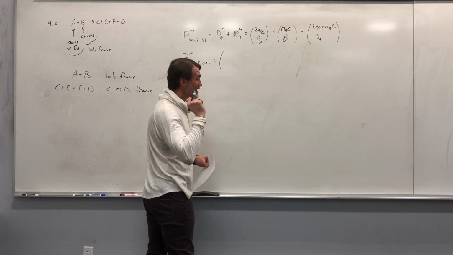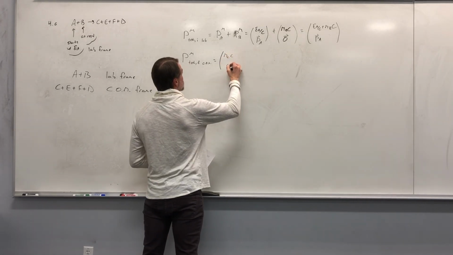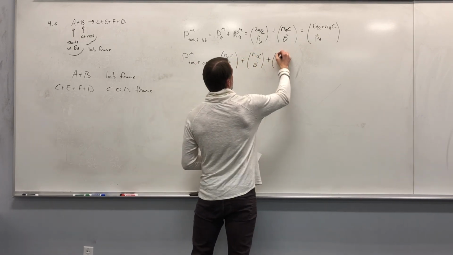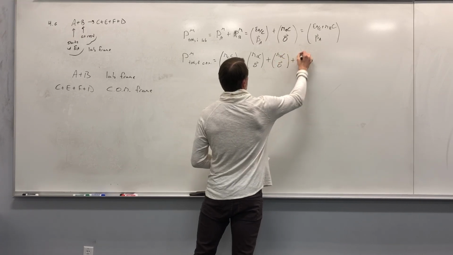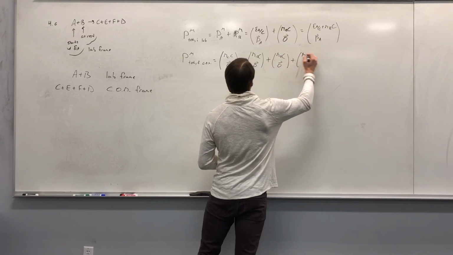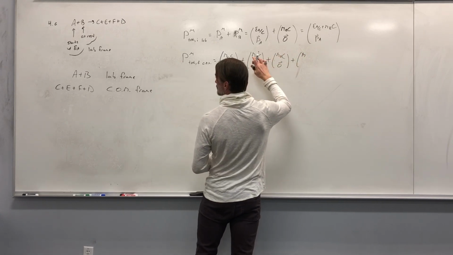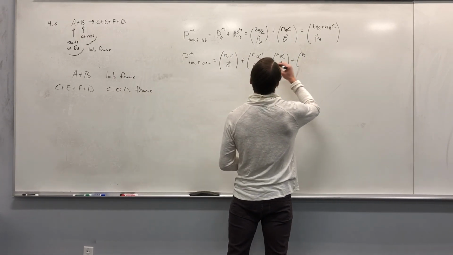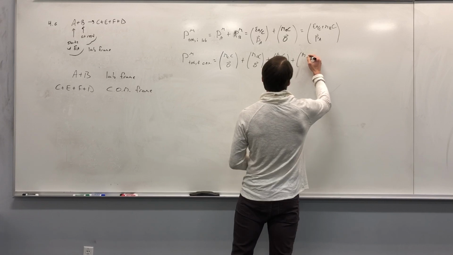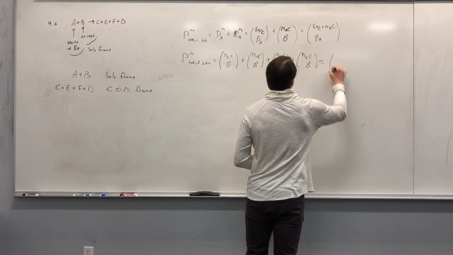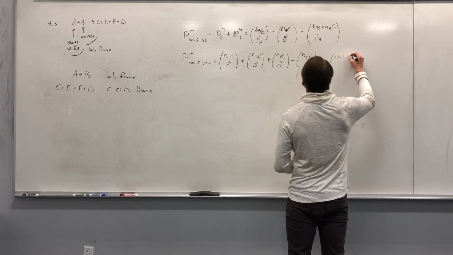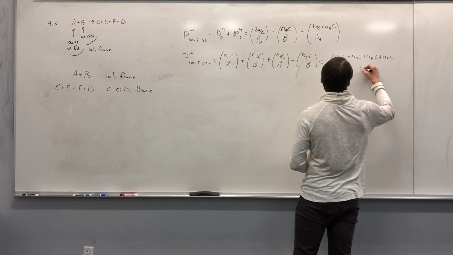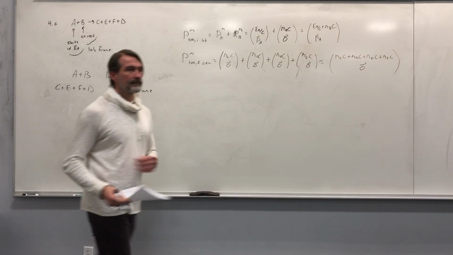It's m_C c, zero vector, plus m_D c, zero vector, plus m_E c, zero vector, plus m_F c. C, D, E, F, okay, it doesn't matter. This is a simple one: m_C c plus m_D c plus m_E c plus m_F c.